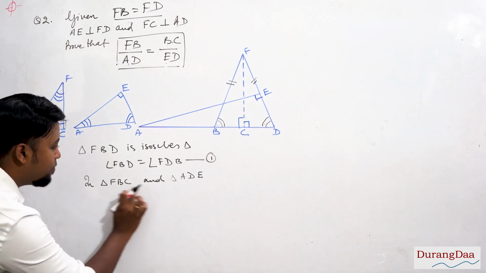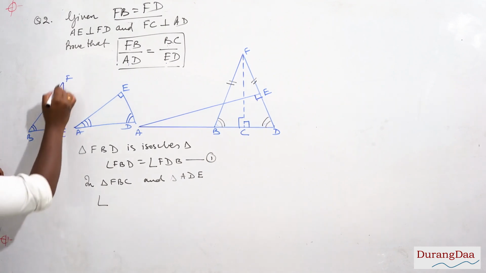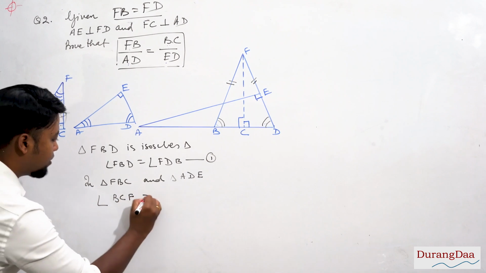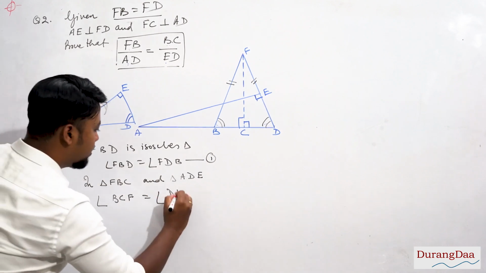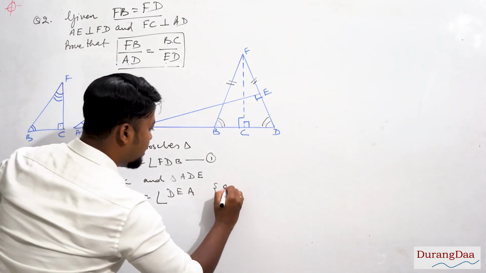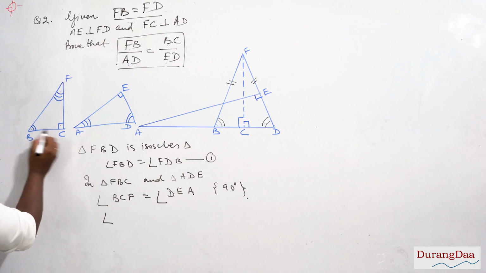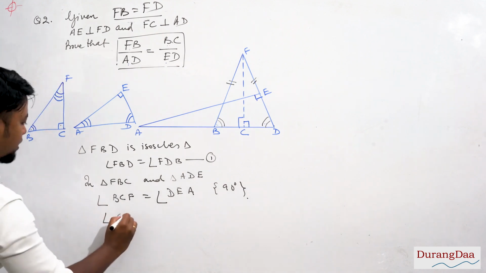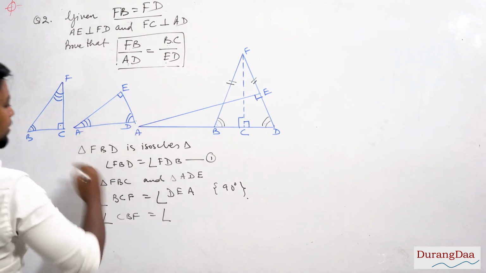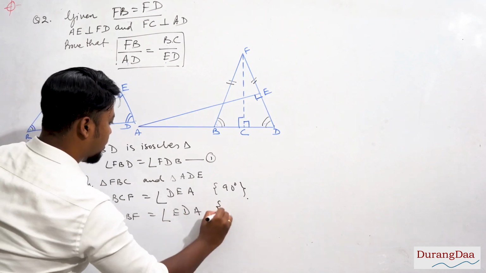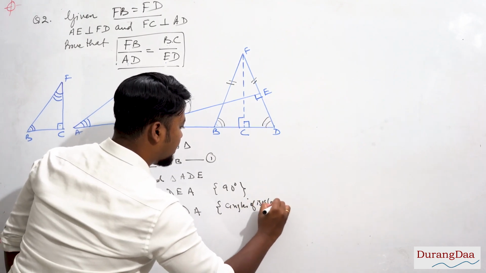In triangles FBC and ADE, first I'll write, let me take this 90 degree, angle BCF is equal to angle DEA, reason is each is 90 degrees. Second, let me take this angle, angle CBF is equal to angle EDA, reason would be angles of isosceles triangle.